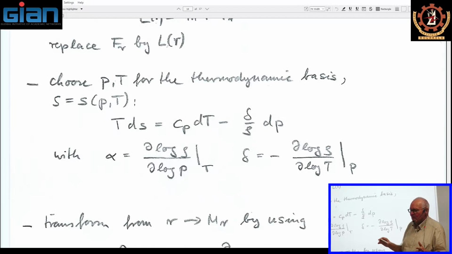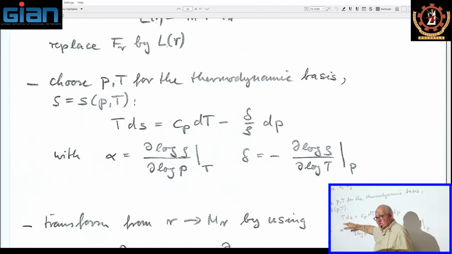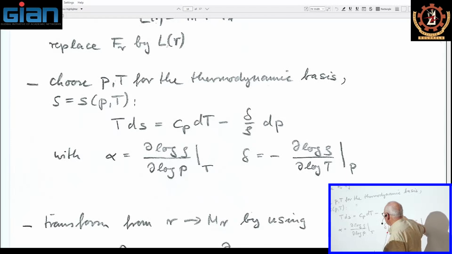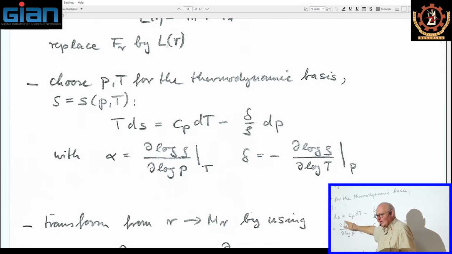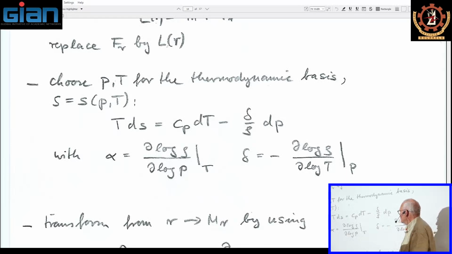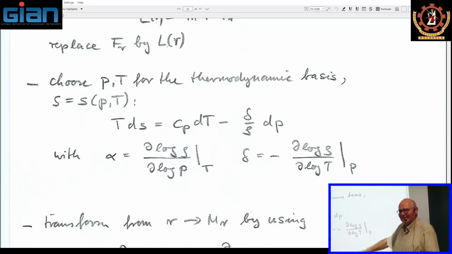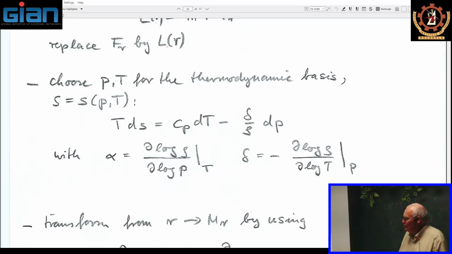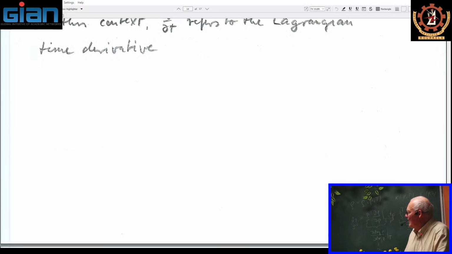By this relation, we can replace the time derivative ds by dt, which appears in the energy equation, by the time derivative of the temperature and the time derivative of the pressure, which includes thermodynamic quantities like the specific heat at constant pressure and this strange coefficient delta here. So we have to somehow prove this relation. Let's go back.